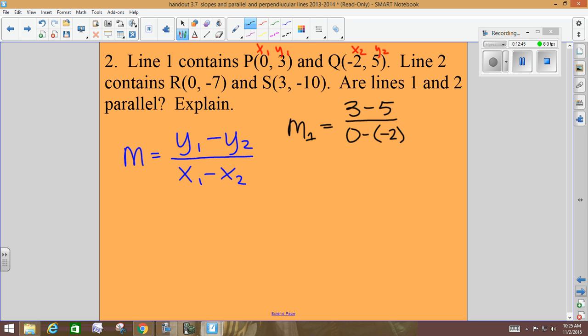Simplify, what's 3 minus 5? Negative 2. How about 0 minus negative 2? Becomes positive 2. Watch that. You're making simple mistakes there. What's the slope of line 1 then? Negative 1. Good. Your slopes always need to be written in reduced form.